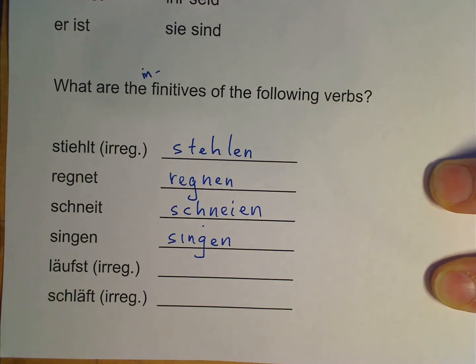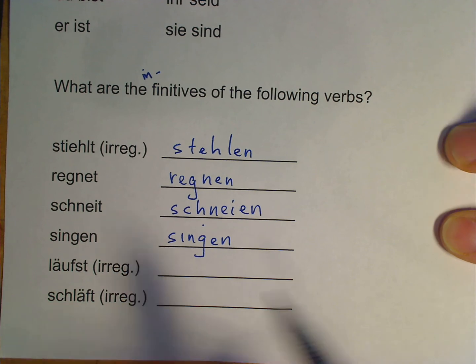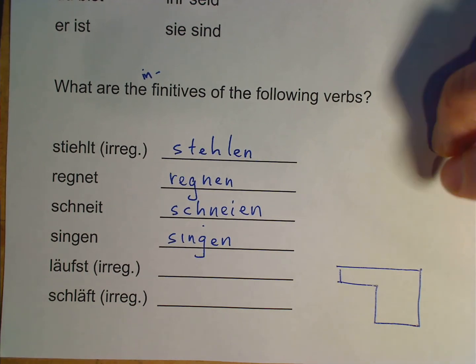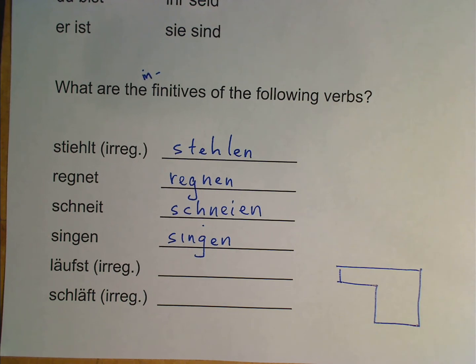These two are irregular. I don't know if you remember, but we did talk about this. If ever I say that a verb is irregular, except for sein and those 9 modals, then it's a pot verb.